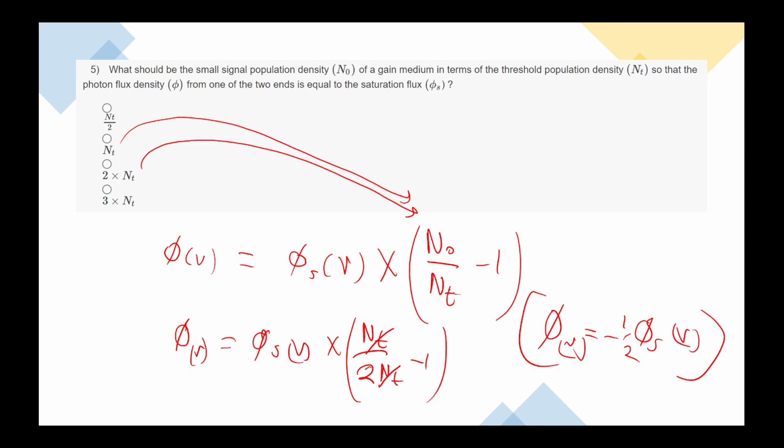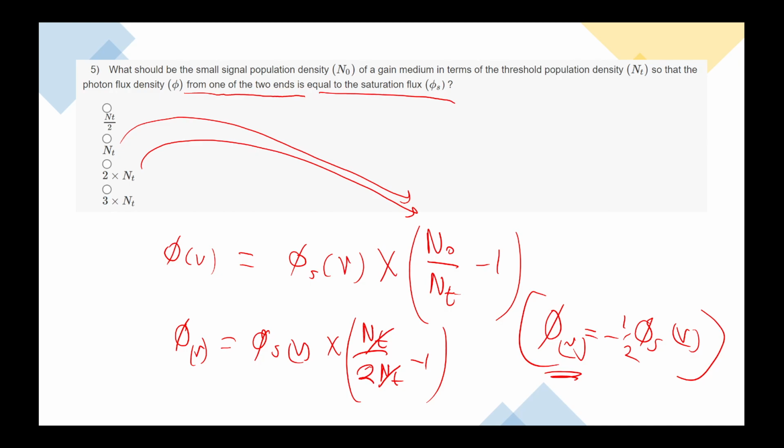The photon flux density from one of the two ends is equal to the saturation flux. That condition is given. So what should we get?